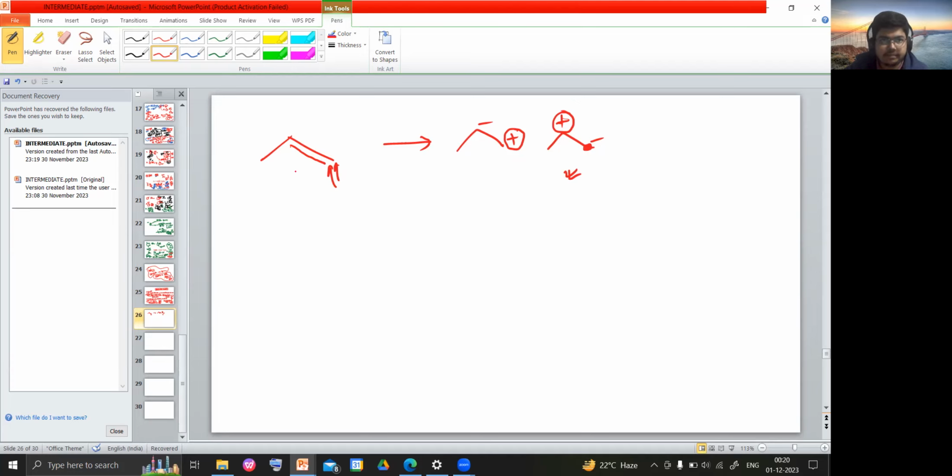Another method is to check hyperconjugation or resonance. In this molecule, we know hyperconjugation is there. These three hydrogens will show hyperconjugation. Now draw hyperconjugative structures. In the first one you put it like this, in the second like this, in the third like this.